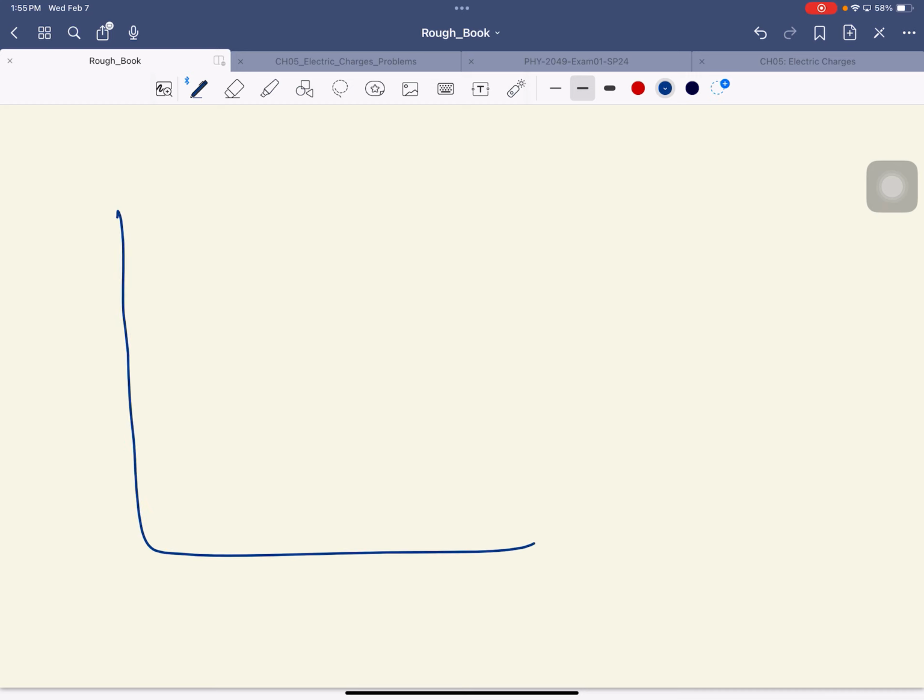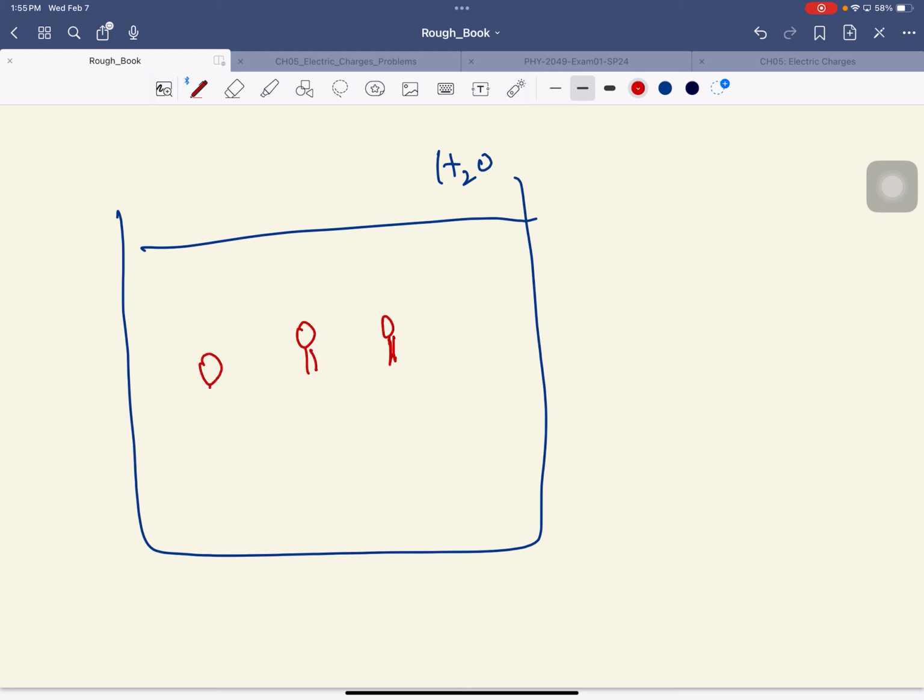So here's a jar of water. What we'll do is take those molecules that we made and throw a bunch of them in the water. What do you think will happen?